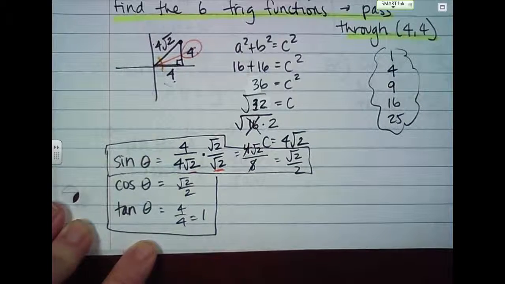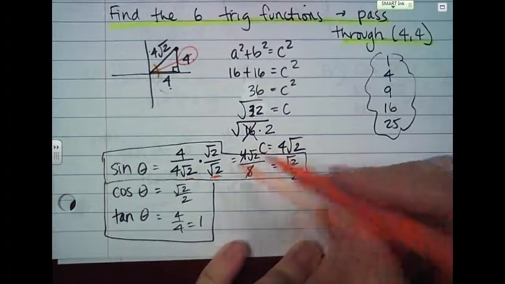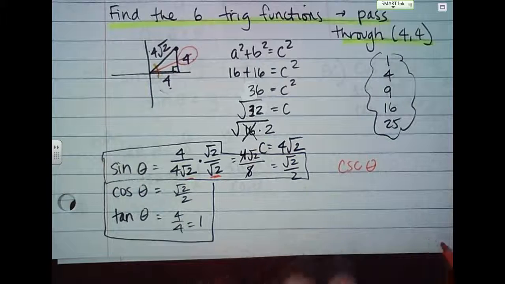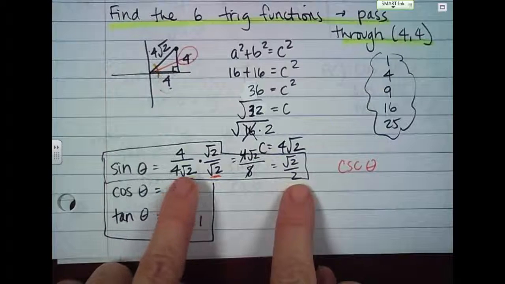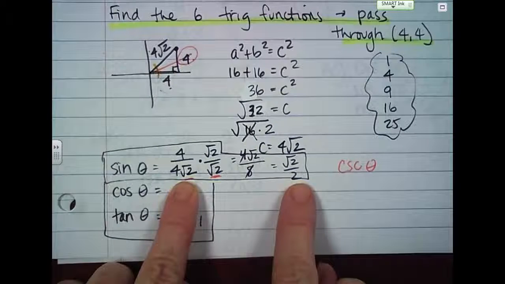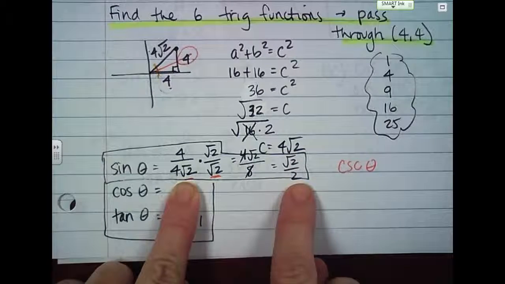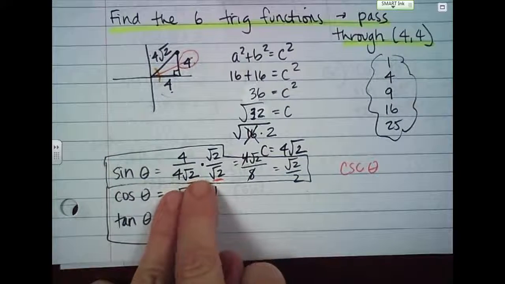Now then, we want the reciprocal functions. What's the reciprocal of sine? Cosecant. Okay, let me ask you a question. Look up here, everybody. Which one's easier to flip, the first one or the last one? They're the same. But if I flip the answer, what goes in the bottom? A radical. If I flip the first one, where's the radical going to be?